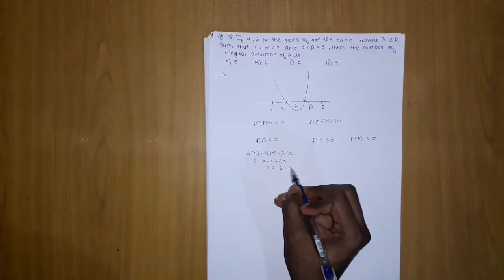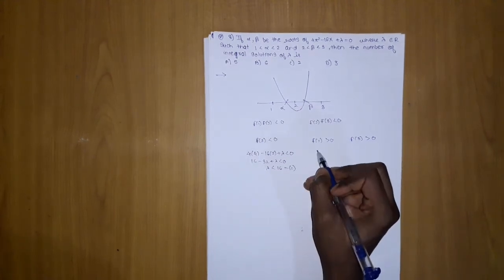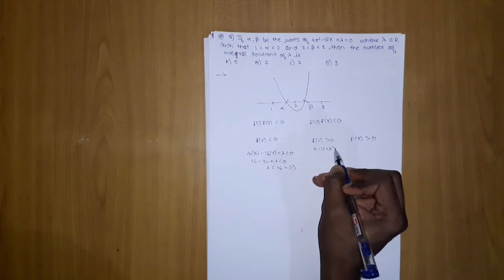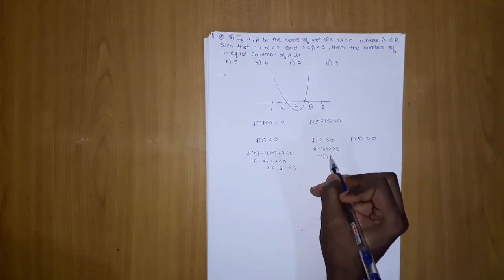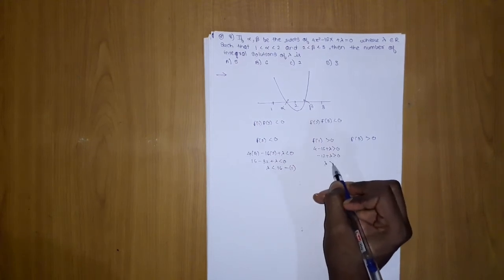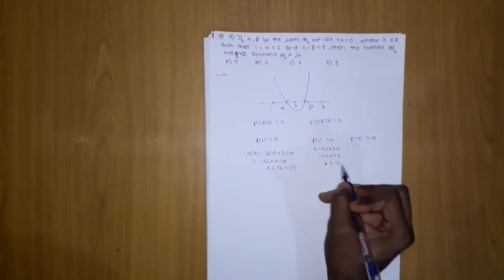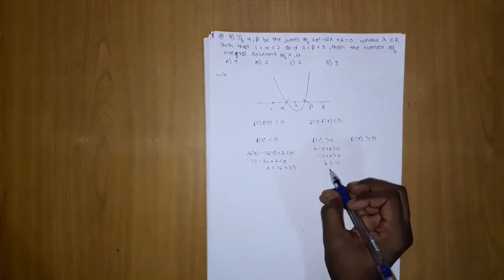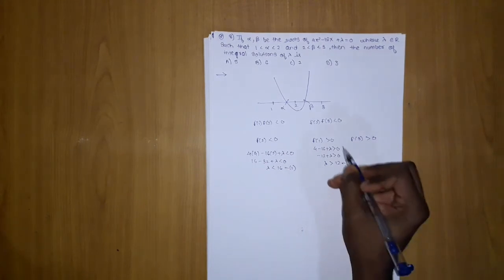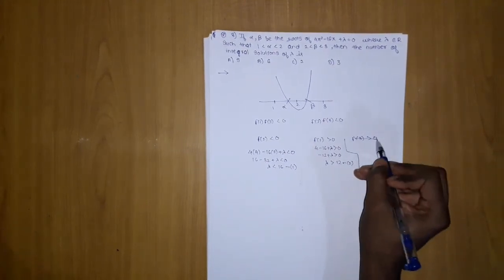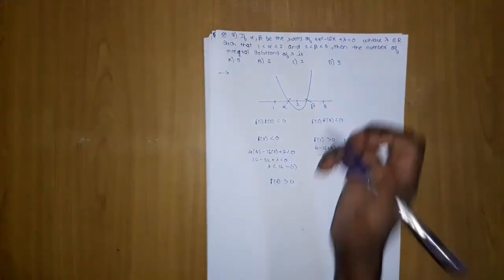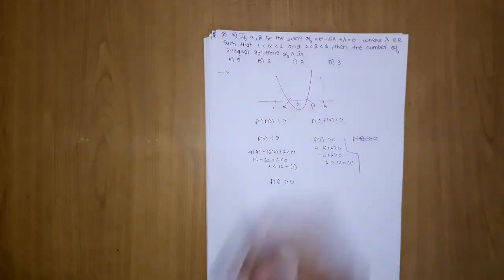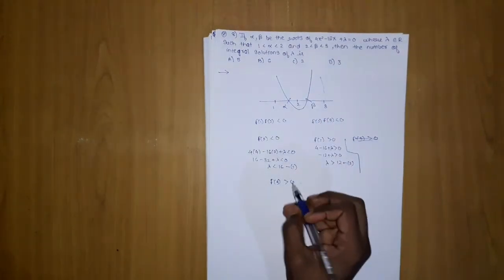Now f of 1 greater than 0: 4 minus 6 plus lambda should be greater than 0, so lambda should be greater than 2. Now f of 3 greater than 0. If we take it, it will come positive only. So we have derived such conditions.